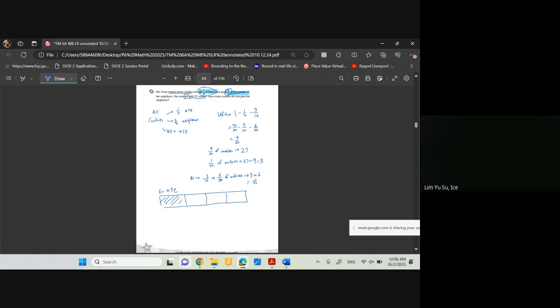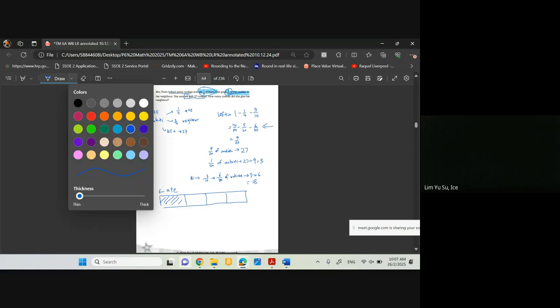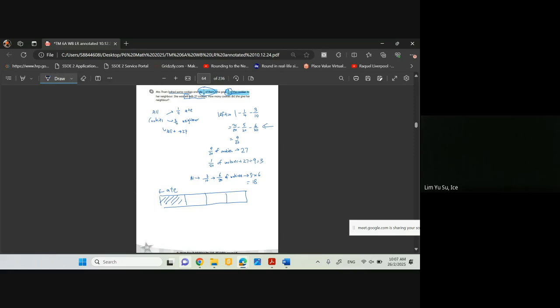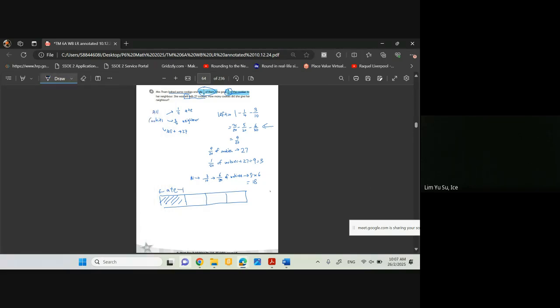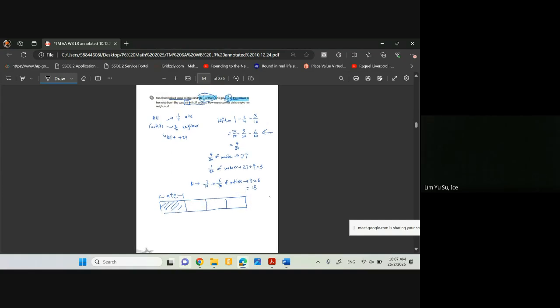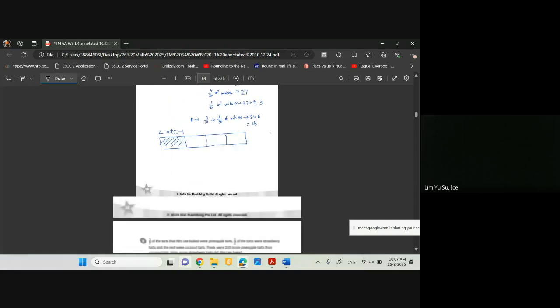Now, how many units do you think I will end up cutting into this whole piece? By looking at the previous one, how many do you think I will end up cutting? What happened here? So each unit, each quarter, how many parts do you think I'm going to cut into? 5.